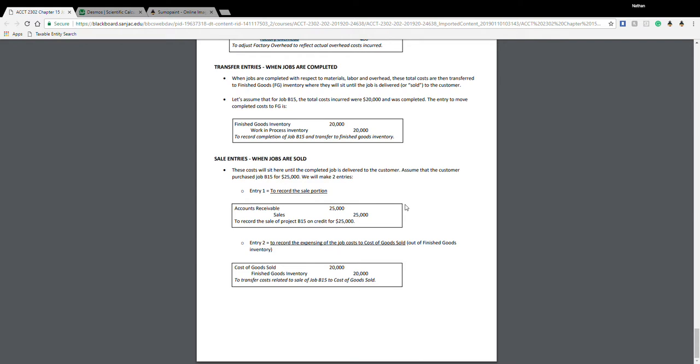So we need to take that off our balance sheet and put it to our income statement. So, doing so, we're going to credit finished goods inventory of that $20,000, and then we get to debit cost of goods sold of $20,000. Now, at the end of the year, due to the adjustment of factory overhead, cost of goods sold will be adjusted to the correct amount. Here, we just deal with whatever's in finished goods inventory.